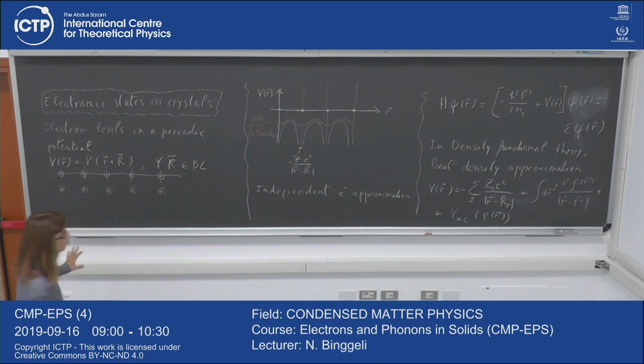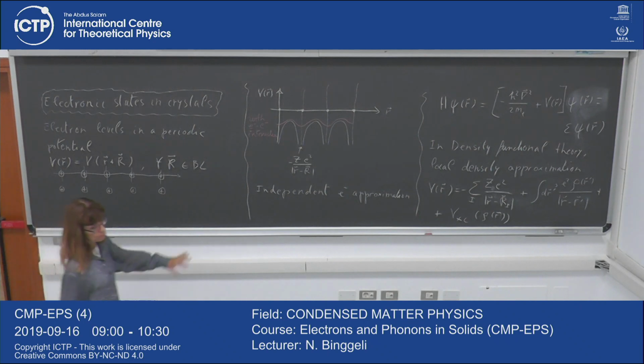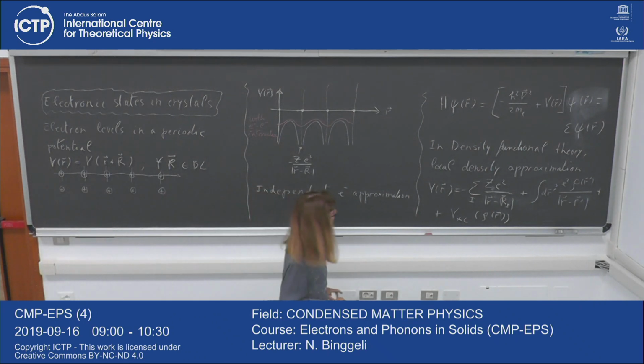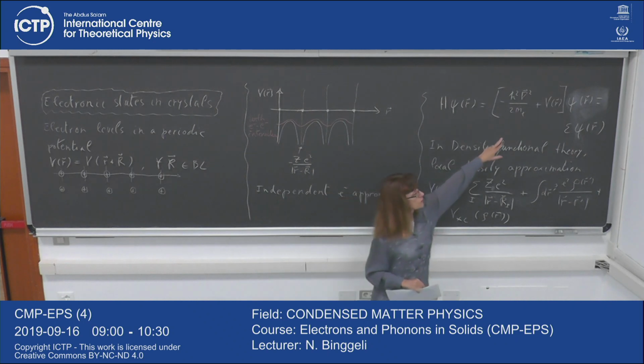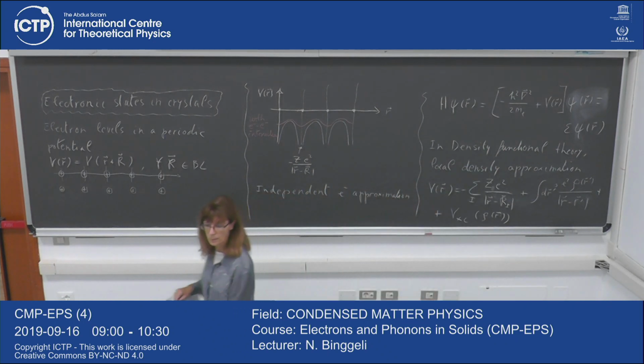Okay, so in the local density approximation, which is widely used to do band structure calculation and electronic structure calculation, this is the form of the potential in the crystal.